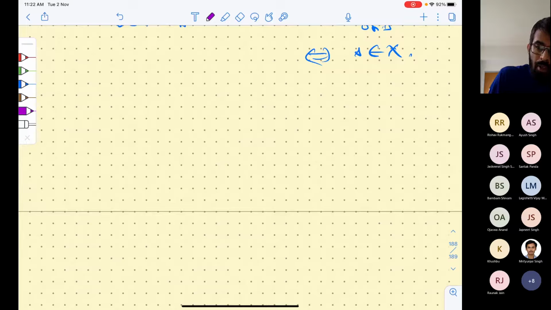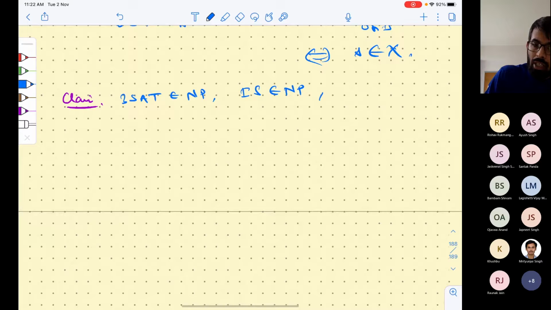Okay. All right. So the claim is that all the problems that we have seen, like for example, 3SAT is in NP, independent set is in NP, let's say vertex cover is in NP. And why is this the case? Why is 3SAT in NP?